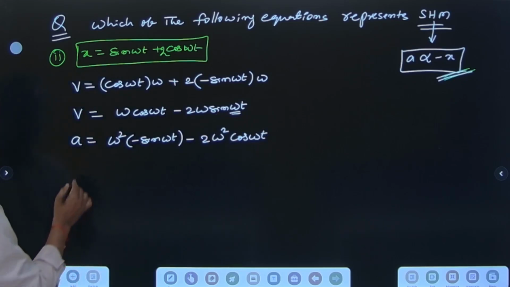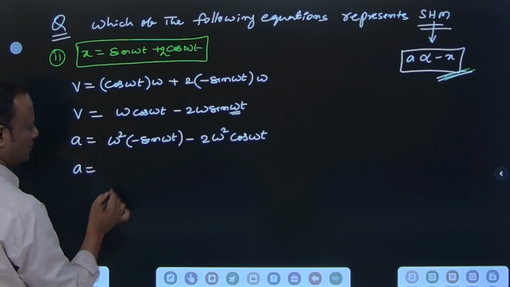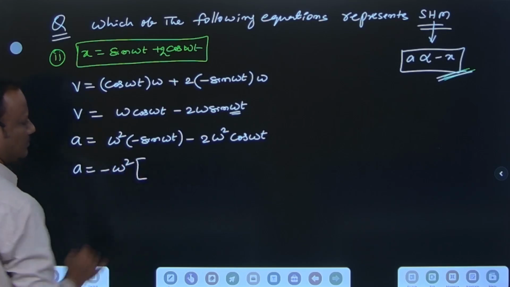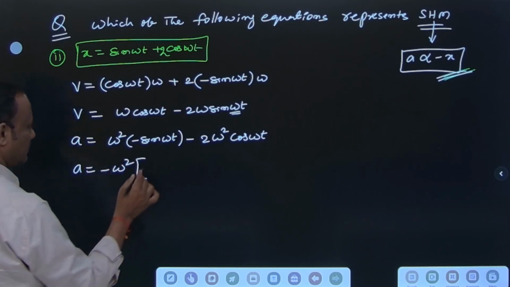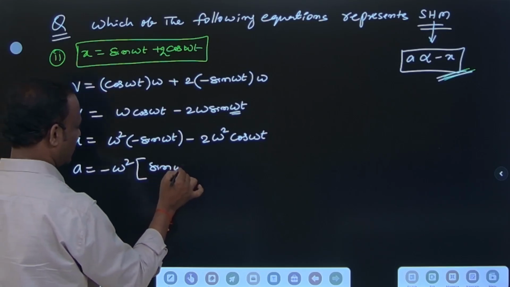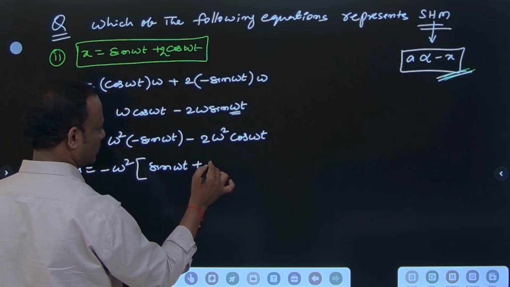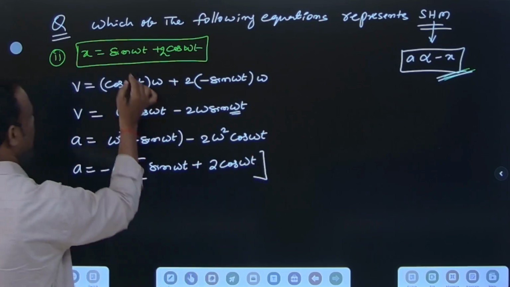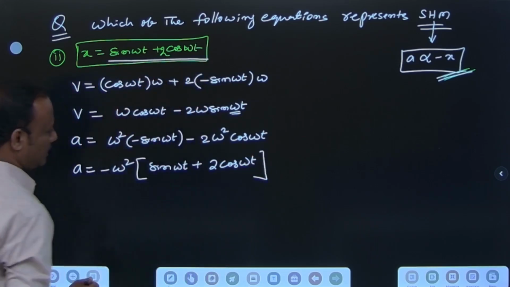So this a is equal to minus omega square times (sin omega t plus 2 cos omega t).